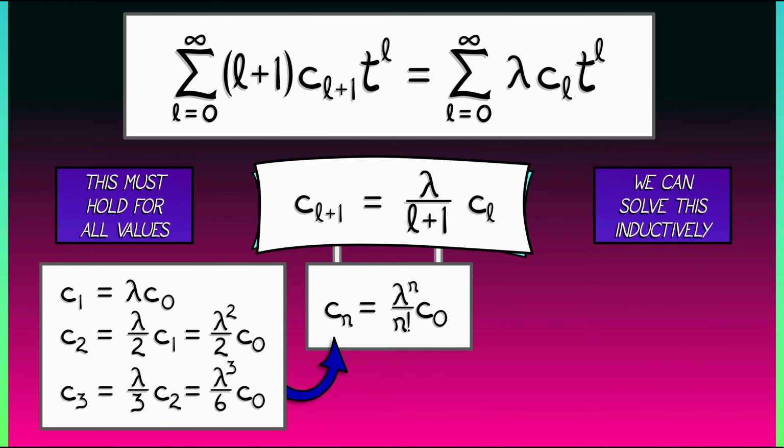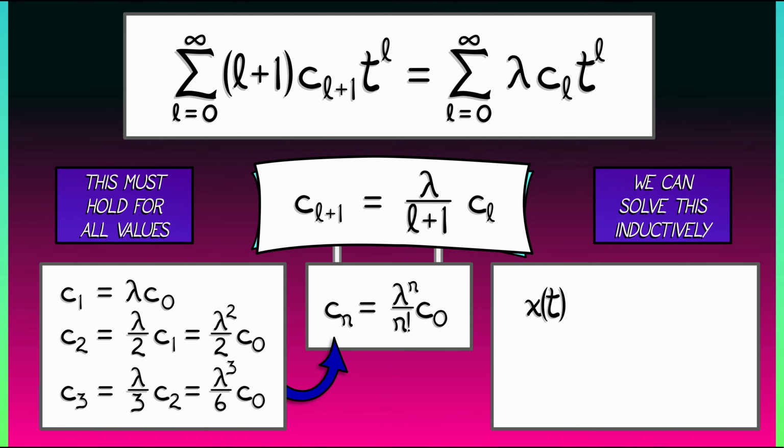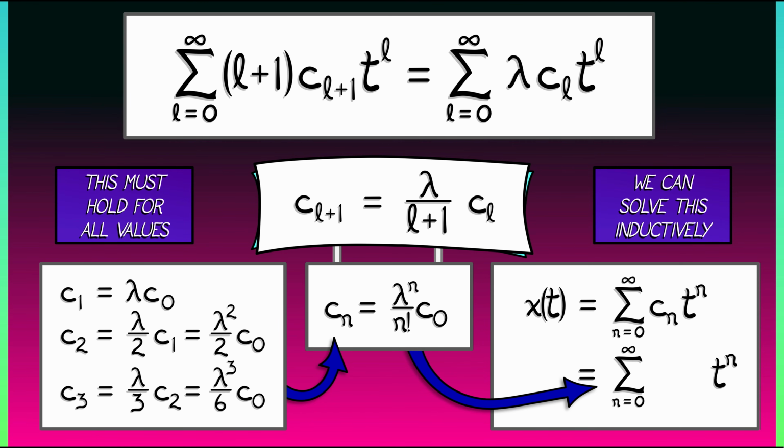And if we go back, we think that x is the sum n goes from 0 to infinity of c_n t to the n. I can use whatever letter I want for the index. Then we can substitute this in and get the sum n goes from 0 to infinity of lambda to the n divided by n factorial times c_0 times t to the n.